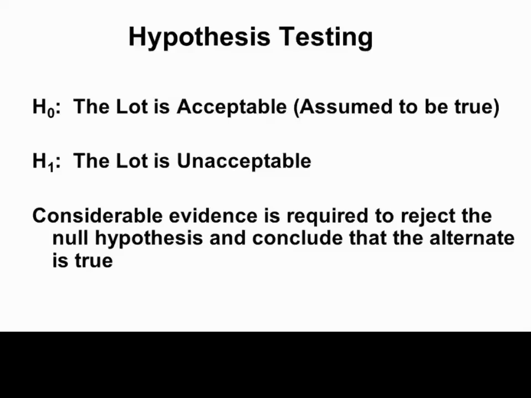So the way hypothesis testing works is not like, well, it seems like we're maybe 60% sure that the alternate's true, let's reject the null hypothesis and include the alternate. No, we're looking for confidence levels more like 90 or 95%. So unless you're highly confident that the alternate is true, you're just going to go with the null hypothesis.